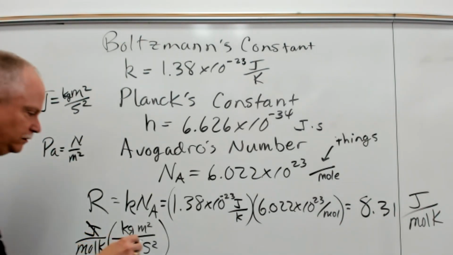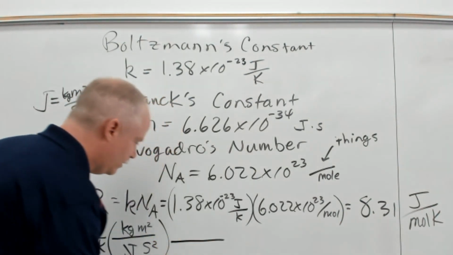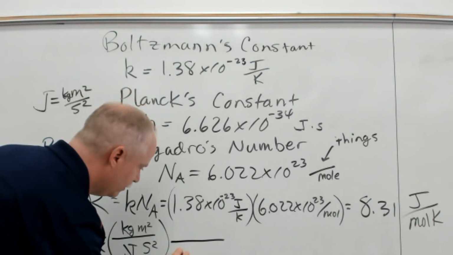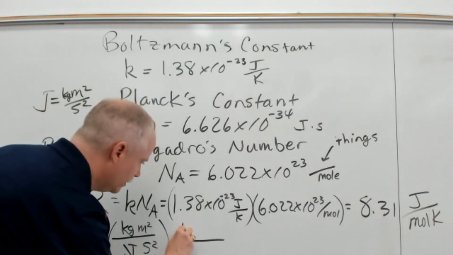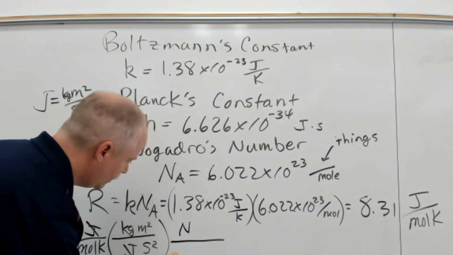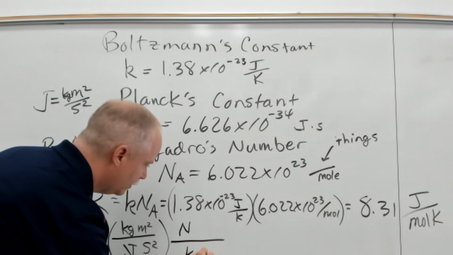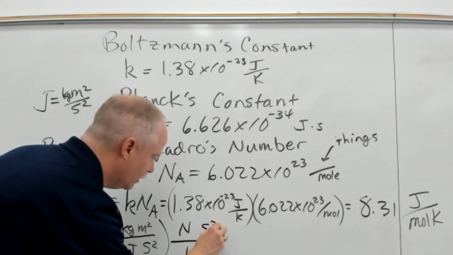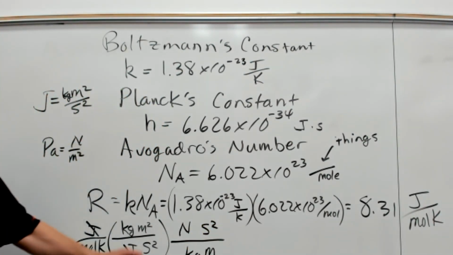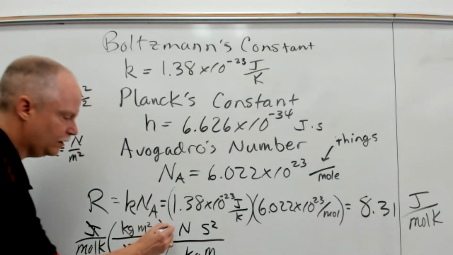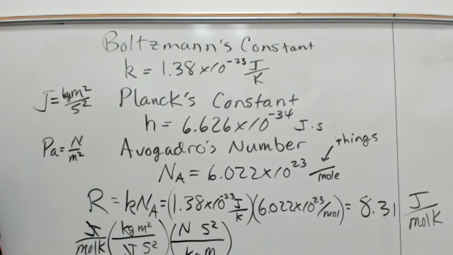And then a Newton. Let's go ahead and write a Newton on top. Okay, a Newton is a kilogram meter per second squared. Okay, mass times acceleration. This is going to be crazy ugly, but that's okay.